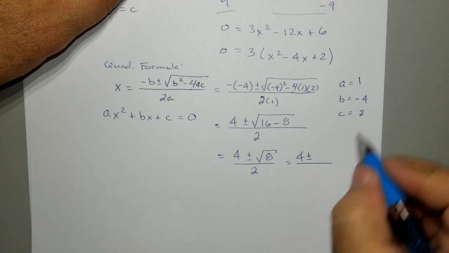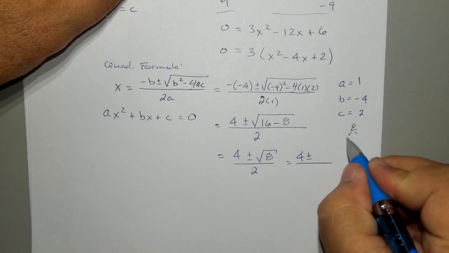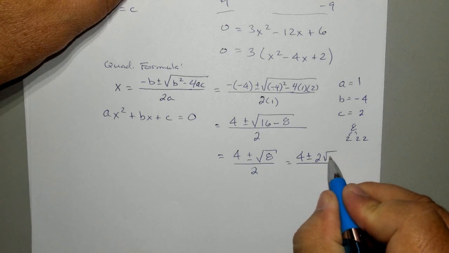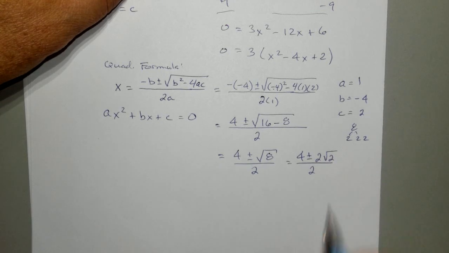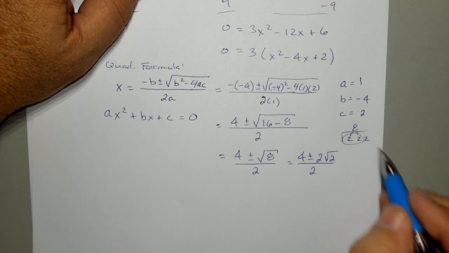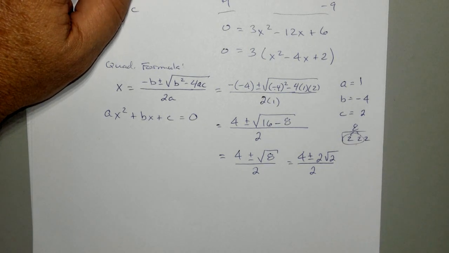It's radical 8. Since 8 is made up of 2 times 2 times 2, it's the same thing as 2 radical 2, because if it's the square root of 8, once you have a pair, they come out in front.